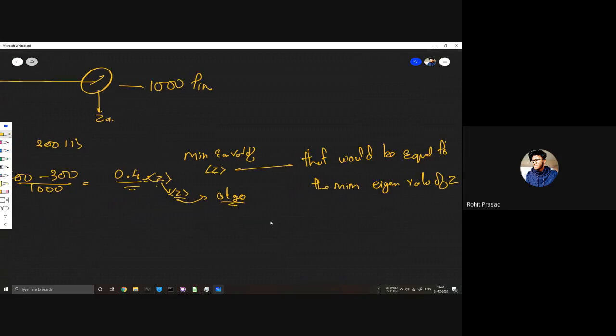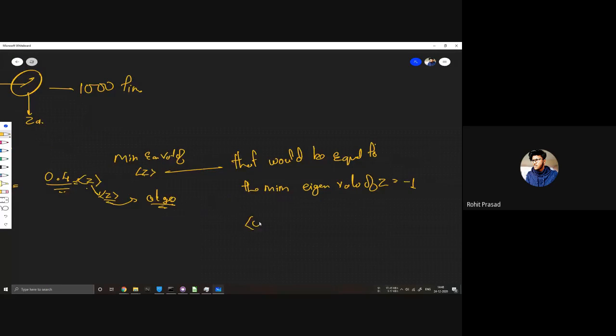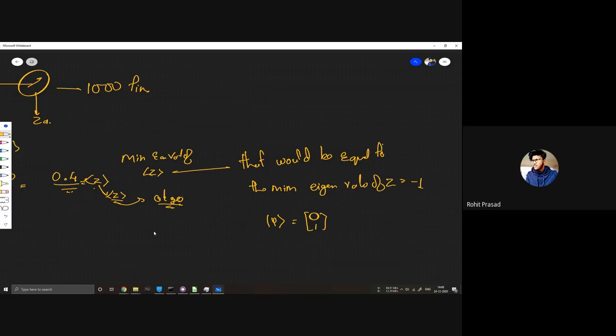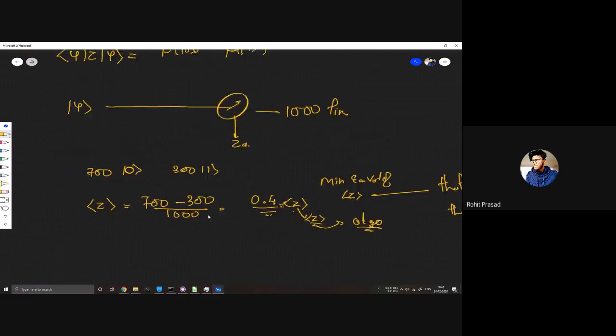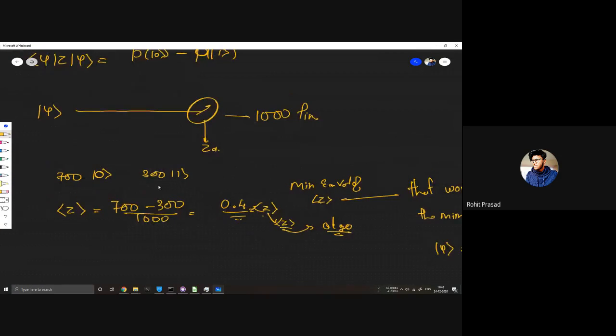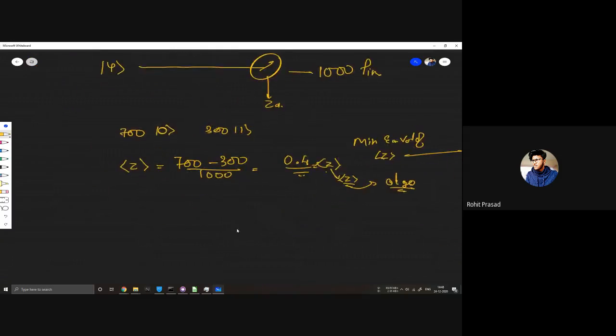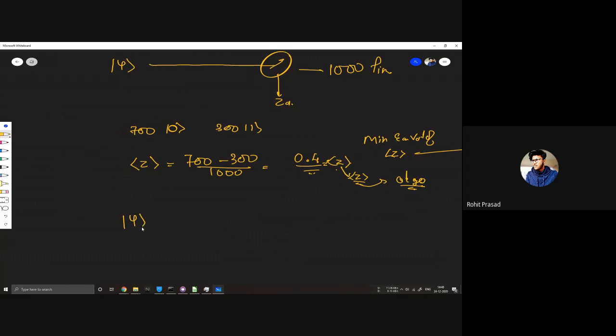So if we have a state psi that's 0 1, then if we do this, we can directly see that if it's totally in the one state, this will be 0 minus 1,000, and this will be -1, right? Then the expectation value of z will be -1.